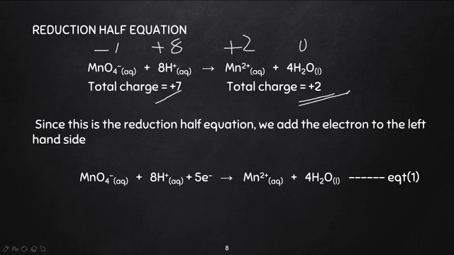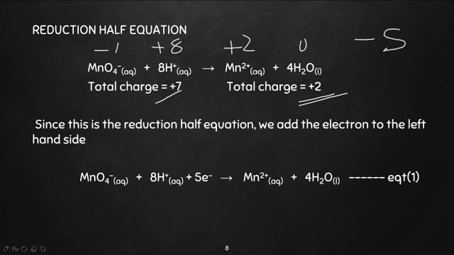Now you can see the charges are unbalanced. So what do we need to do to balance them? If you remember the rule, we add electrons to the left-hand side for a reduction equation. But if you don't want to use the rule, you can just use mathematics. An electron is always a negative charge. What must you take away from +7 to get +2?